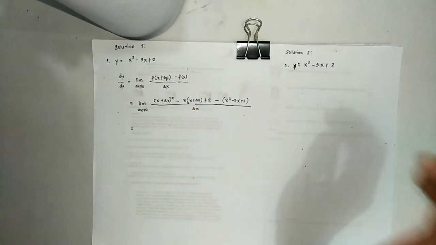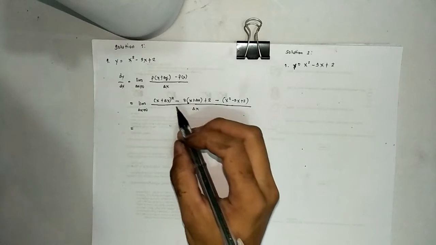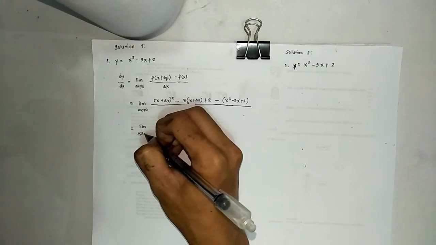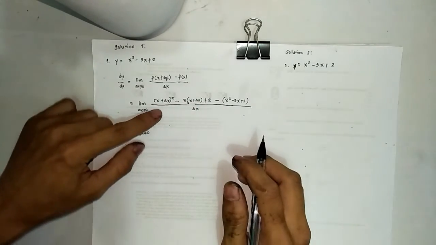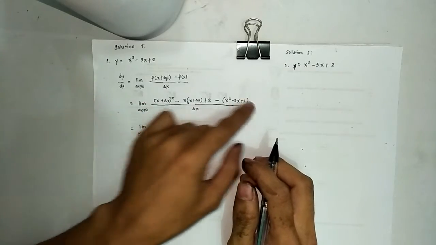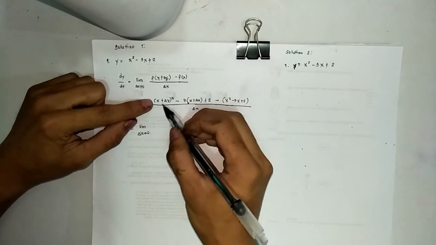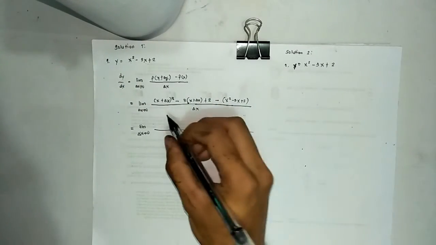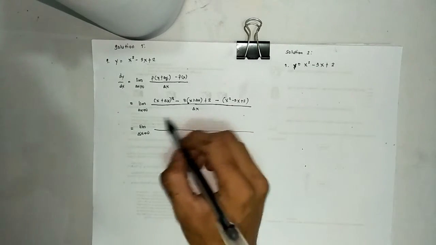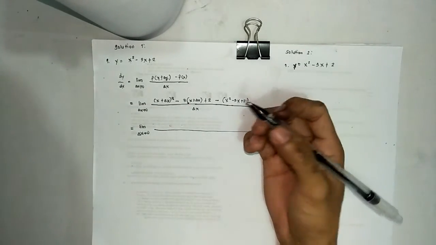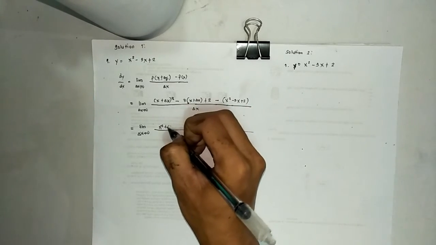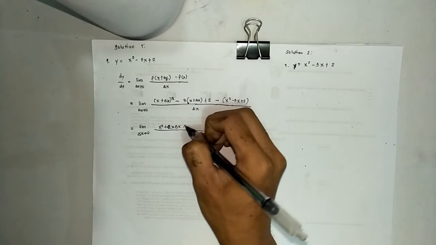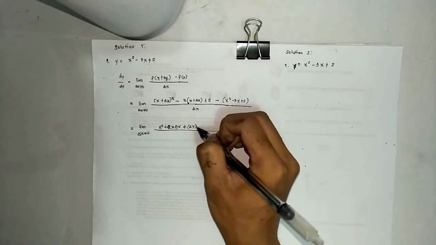Next, let us now simplify. Hindi muna natin siya i-evaluate yung change x hanggang hindi pa natin na simplify lahat tong expression. So let us simplify x plus change x quantity squared. So gagamit tayo ng shortcut method, or pwede rin natin gamitin yung FOIL method, which is x squared plus 2x change x plus change x quantity squared.